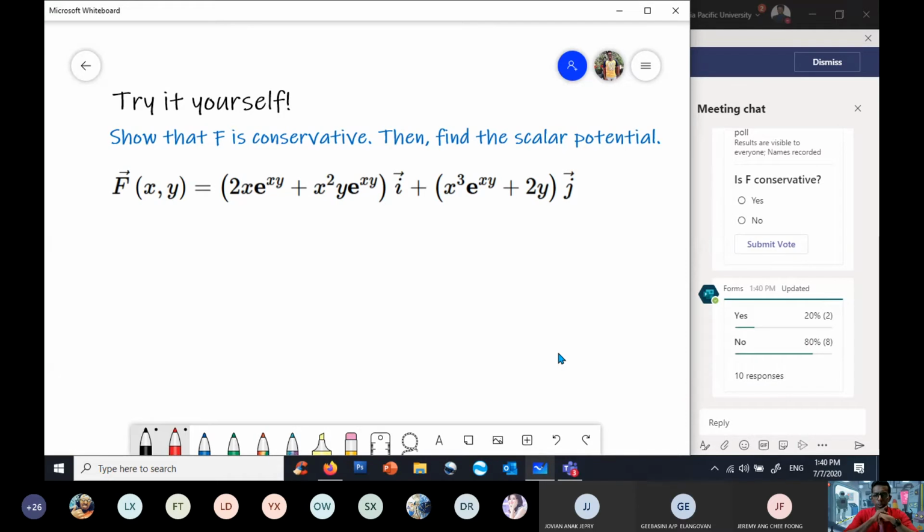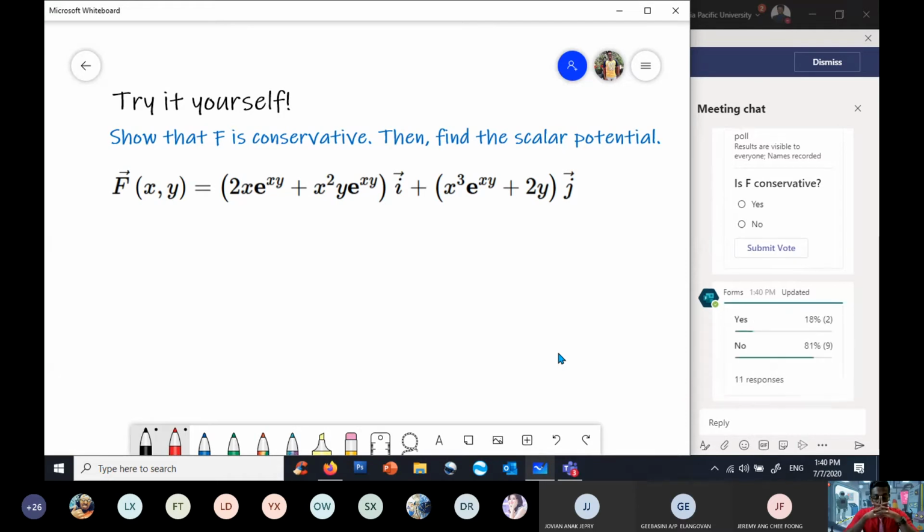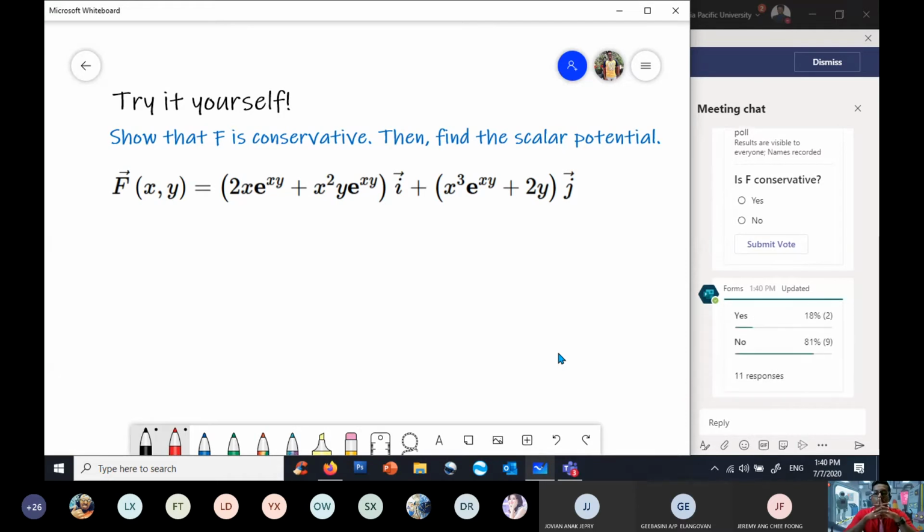We have 8 to 2, with no leading the poll. Now 12 to 2, still a quite big margin there.